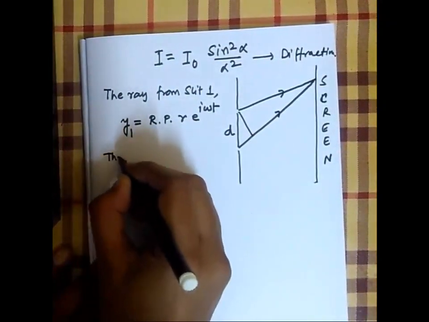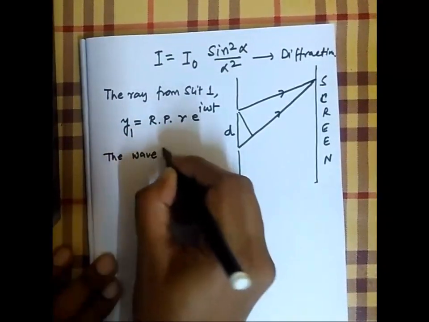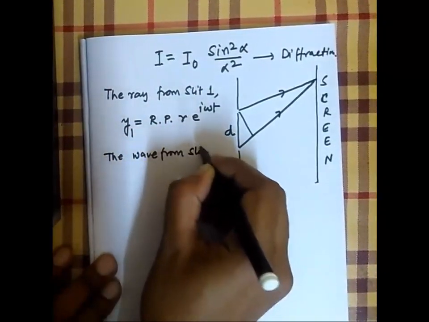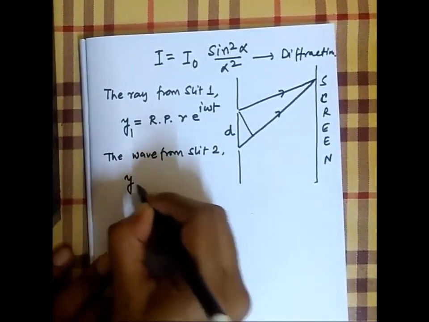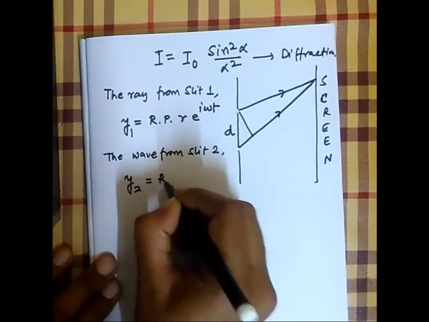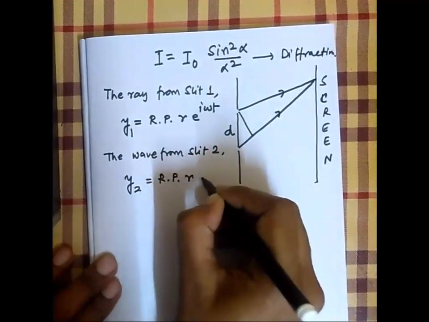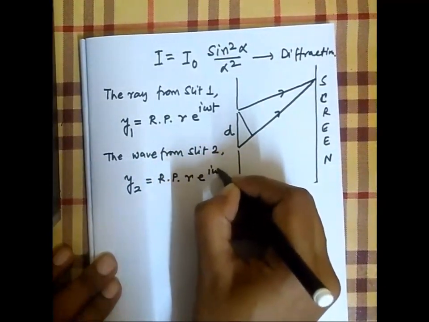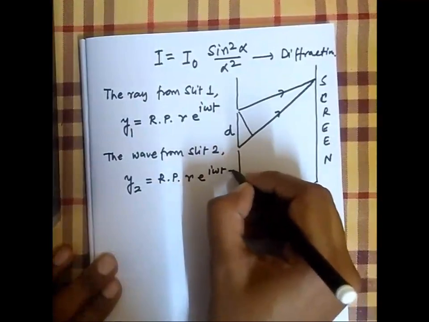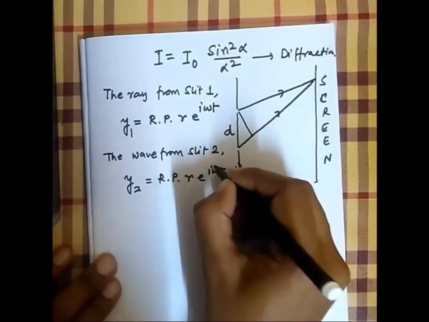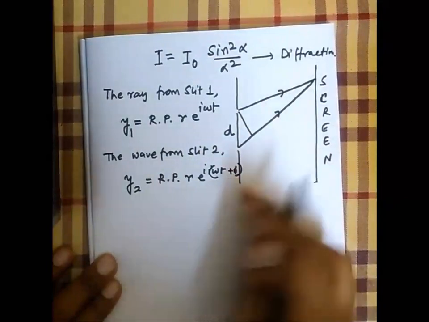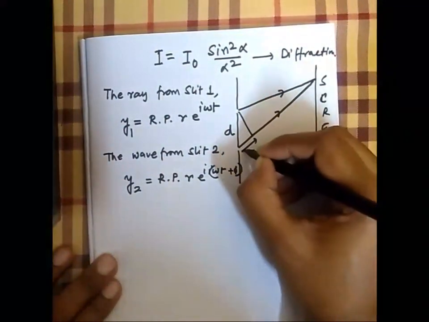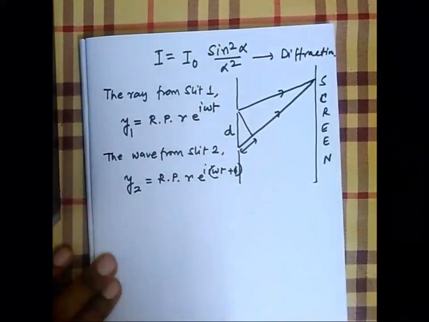Similarly, the wave from slit number 2 can be written as y2 is equal to real part of r e to the power i (omega t plus phi). There will be an extra phase difference because of this path difference that came into the picture, right?